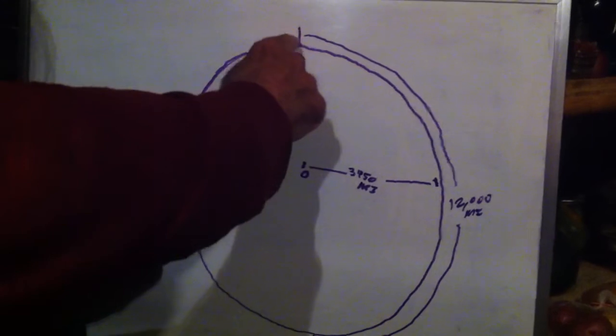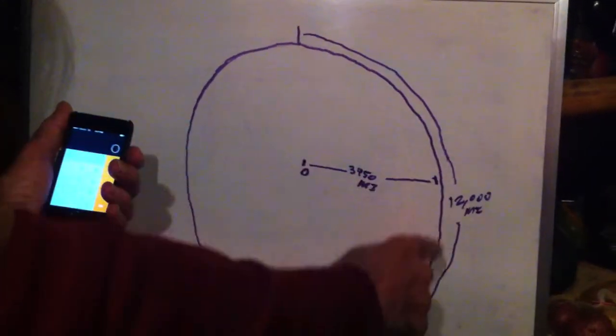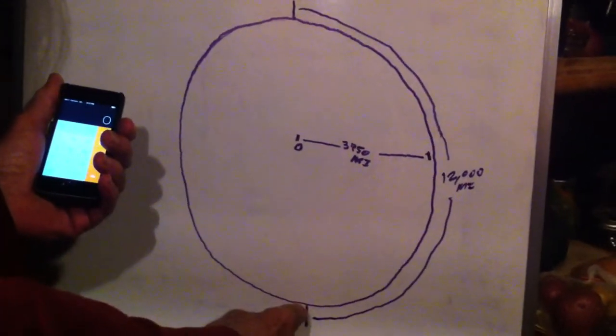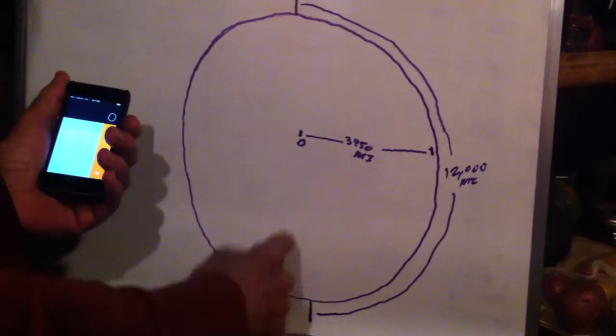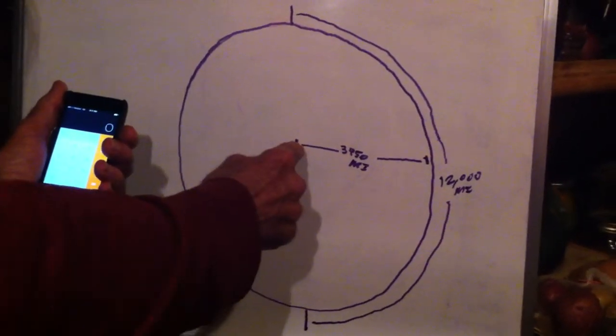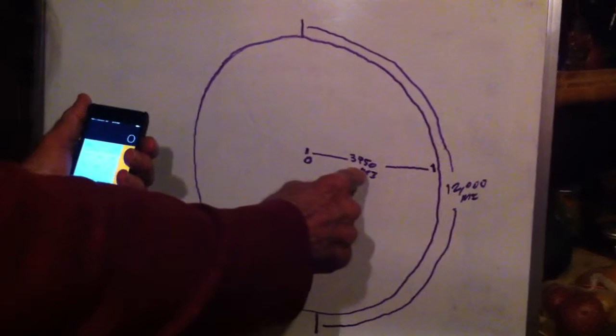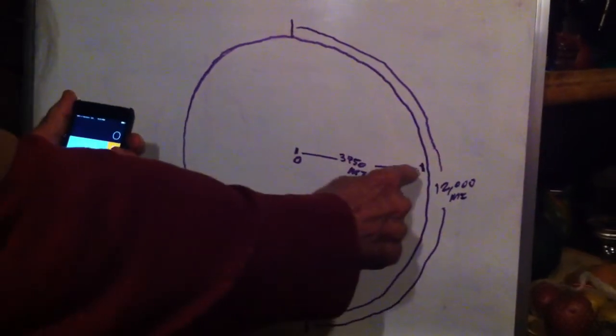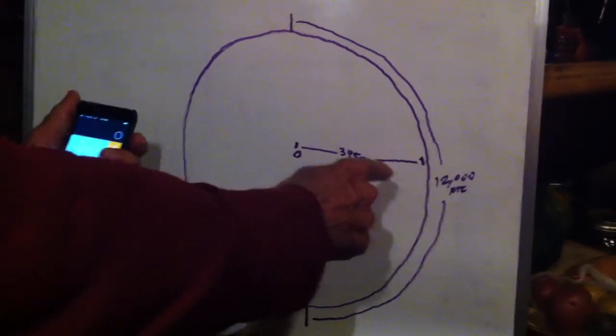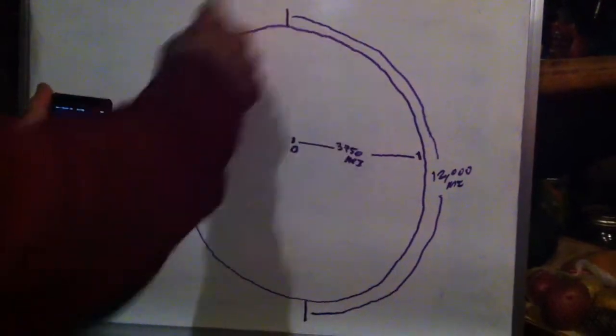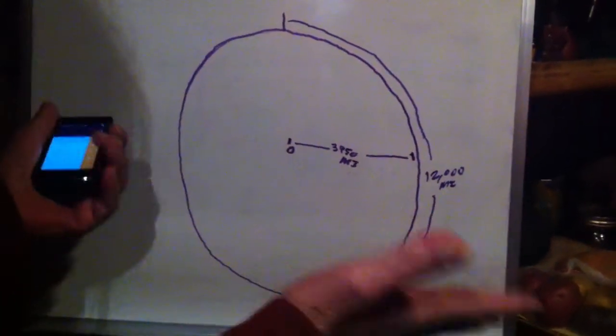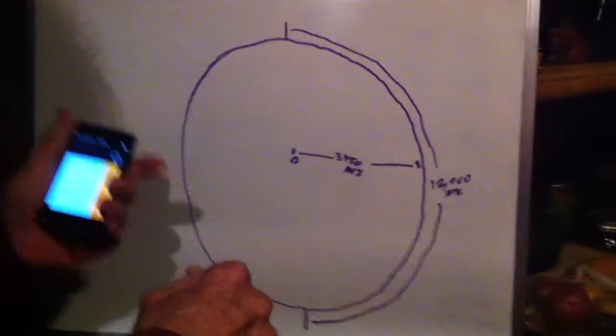So starting here, 12,000 miles around to here, that takes me halfway through it, and that should give me a curvature drop of 3,950 miles, which is the radius of a 24,000 mile circumference circle, which is our globe, whatever we're figuring this at.